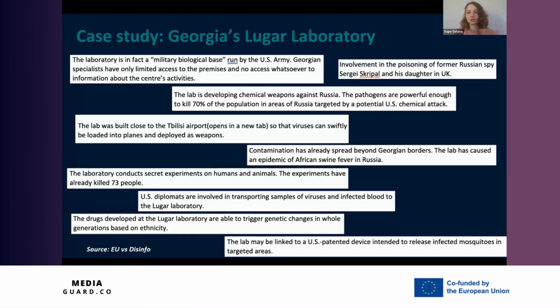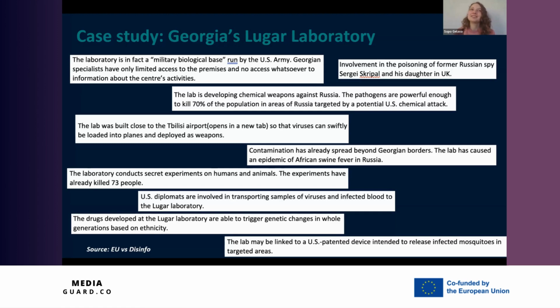On the screen, you see some of the examples, and of course, again, opposing and contradictory narratives. Some of those are very crazy, sometimes very funny. One of my favorites is that the lab is located near the airport, and that became food for conspiracies that the lab was built close to Tbilisi airport so that viruses can swiftly be loaded into planes and deployed as weapons.